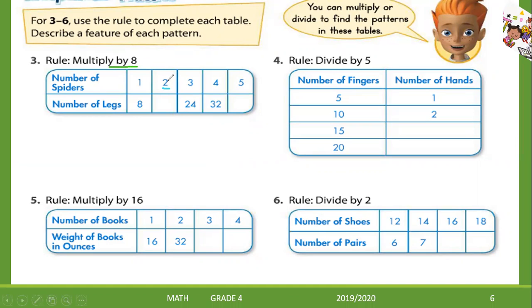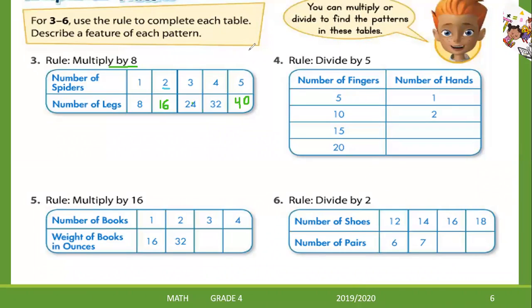So to fill the table, 2 multiplied by 8, of course, will be 16. 3 multiplied by 8 is 24, 4 multiplied by 8 is 32, and what about 5? For 5 spiders, I have to multiply by 8 to get 40. So to complete the table, we just have to follow the rule.